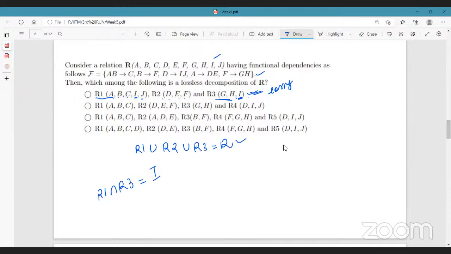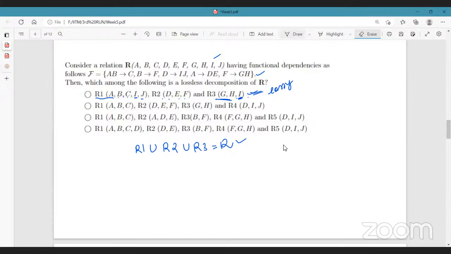But when we check R1 intersection R2, then it will not be satisfied because there are no common attributes. Yeah, in whole, it is not being satisfied. The second rule is not satisfied. Yes, that's right. Thank you.